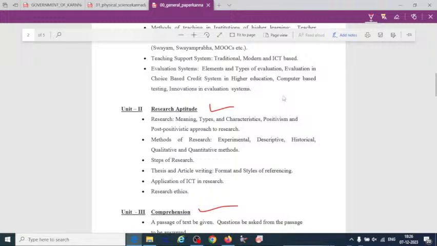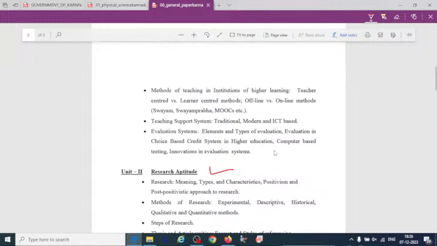And one more thing, you have to solve previous year question papers. I think they started the KSET exam in 2013 or 14, as you can see with objective type questions.